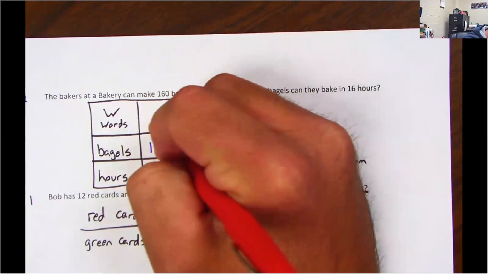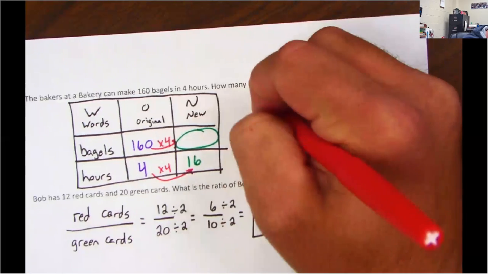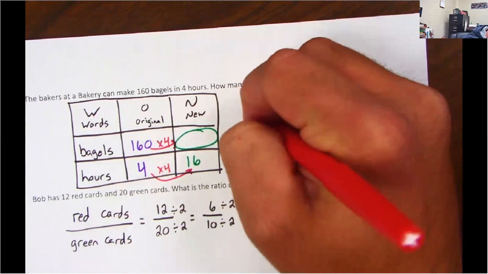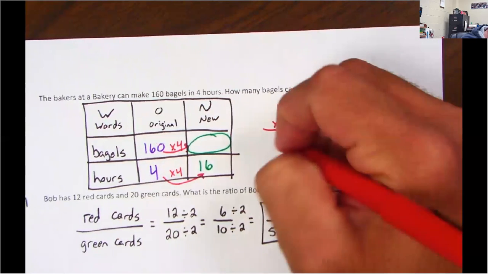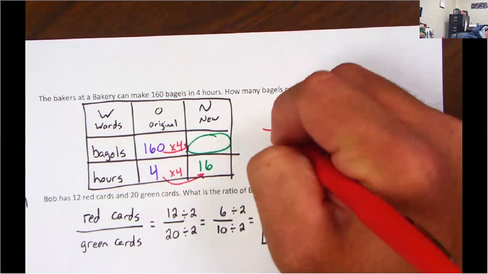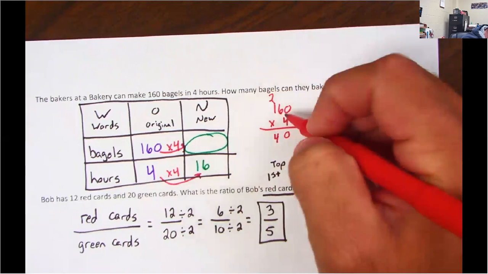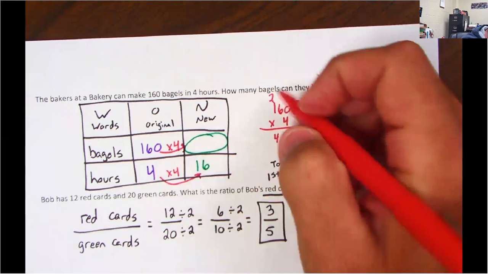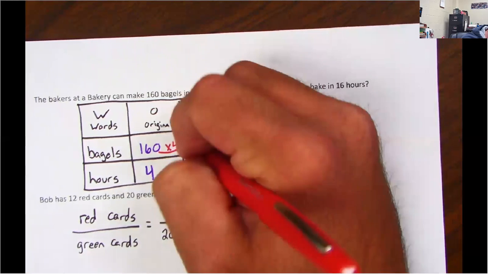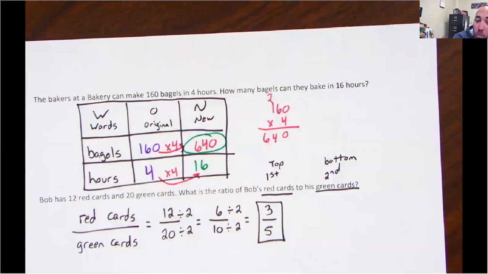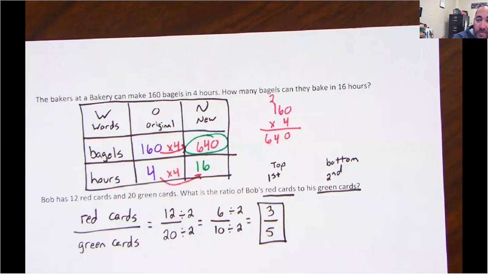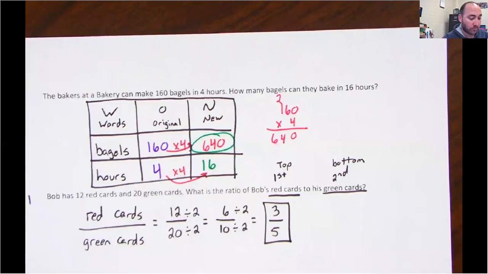So what's 160 times 4? 4 times 0 is 0. 6 times 4 is 24. Carry the 2. 4 times 1 is 4, plus 2 is 6. So this person can make 640 bagels in 16 hours.